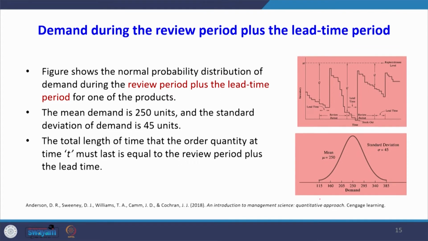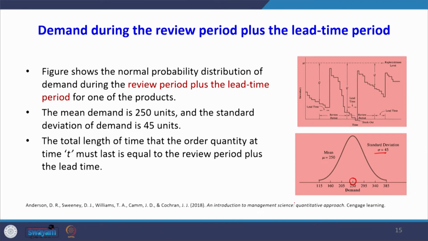Look at this figure. The mean of the demand is 250 and the standard deviation of the demand is 45. So, demand follows a normal distribution. Remember, this demand is for both the review period and the lead time period.